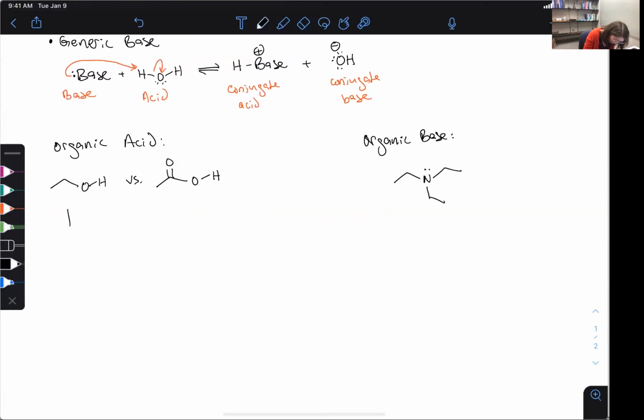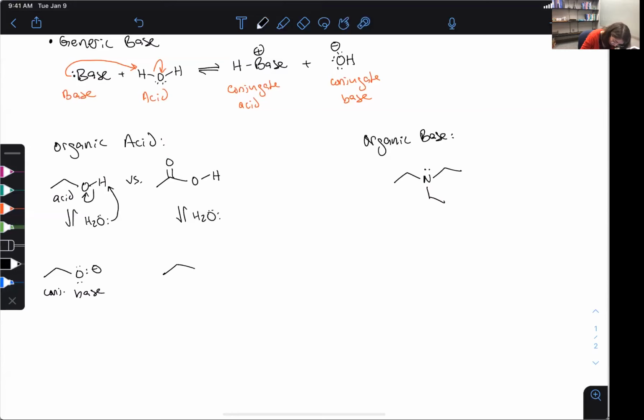So I'm going to react both of these with water. Okay, so water is going to be our base in both cases. So we're going to have the lone pair on our oxygen. We're going to go grab that proton, and electrons move onto the oxygen. Okay, so that's going to give us that conjugate base. Okay, so remember we have acid goes to our conjugate base.